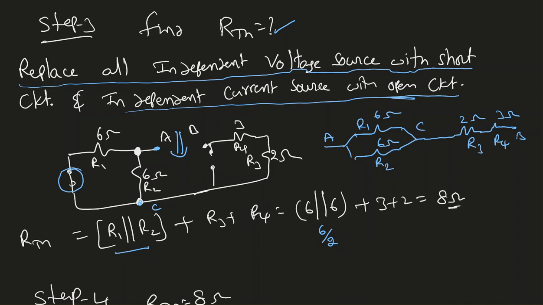So 6 divided by 2. If you have 6 parallel with 6 parallel with 6, then 3 resistors are in parallel, 6 divided by 3 gives me 2 ohm. That's a shortcut when the resistors are in parallel. So this is 2 ohm plus, my apologies, 6 divided by 2, which is 3 ohm. 3 plus 3 plus 2, which is 8 ohm. That is the total resistance.